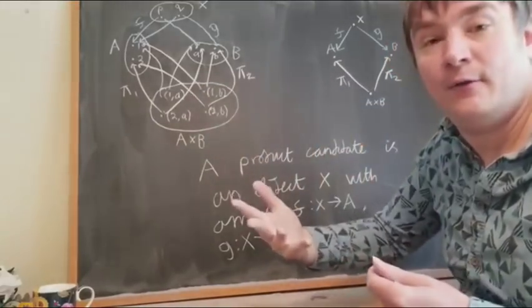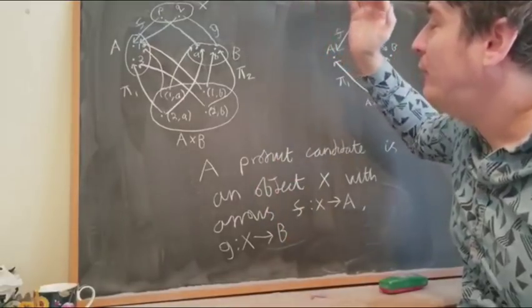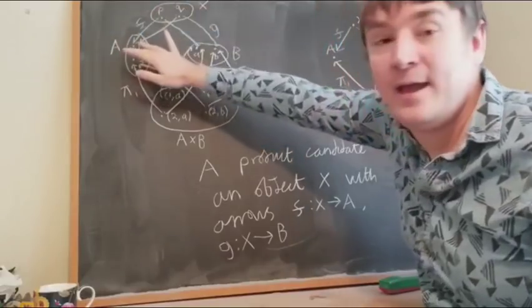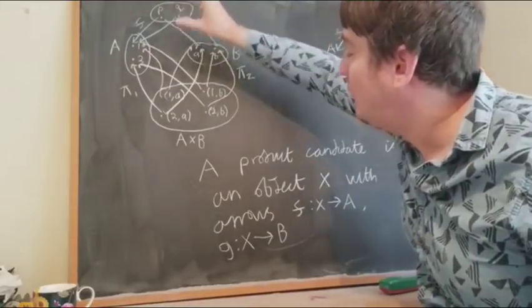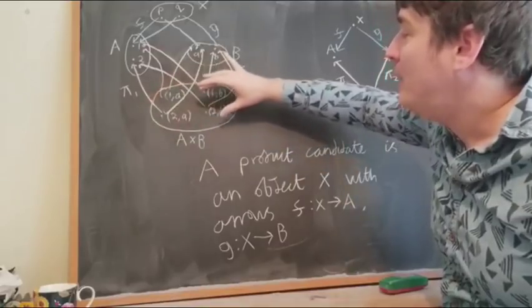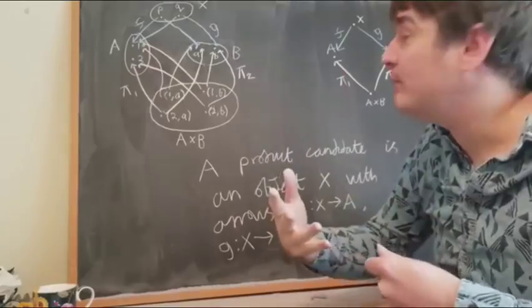What do I mean by that? Well, say we want to apply this function f from X to A. Well, there's a way that we can instead do a function into this object here and then apply pi1 to obtain the same thing.